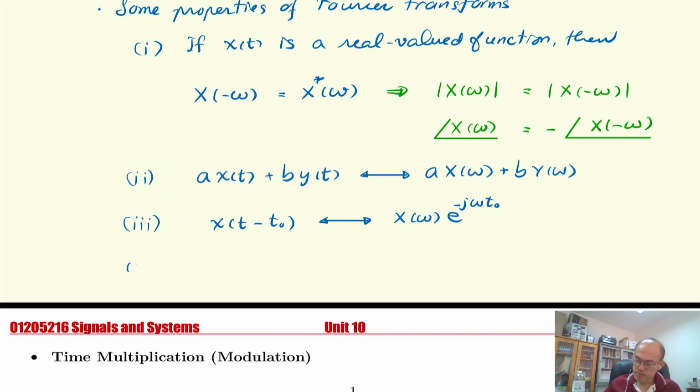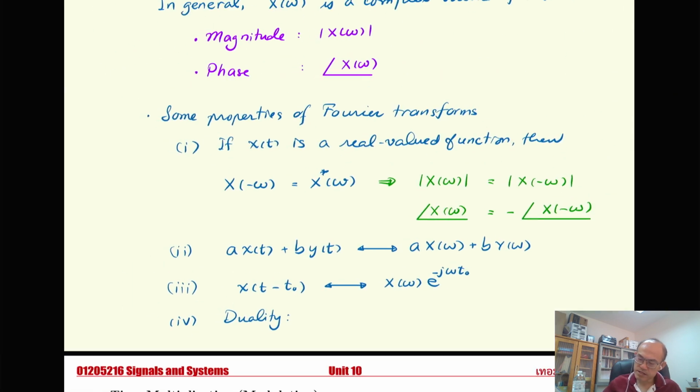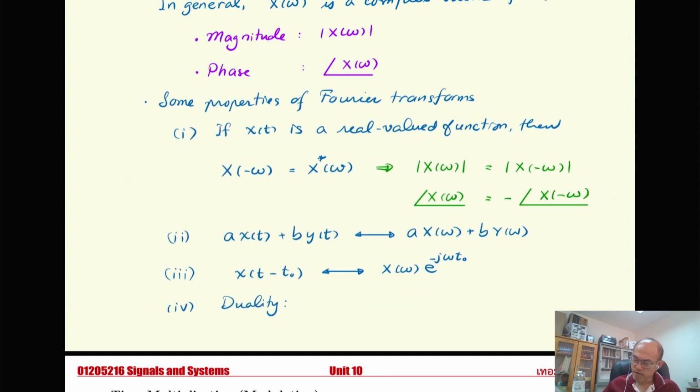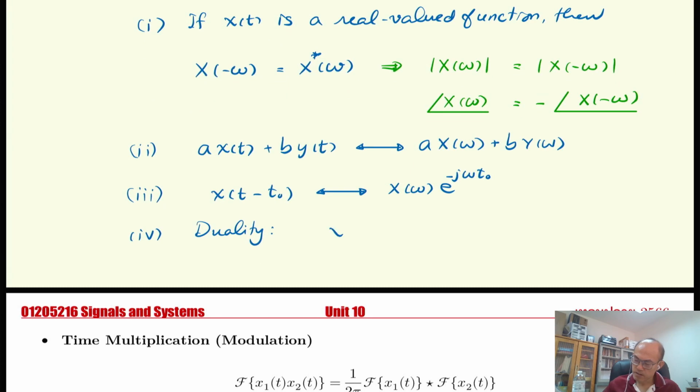The fourth property is the duality. The duality states that if x of t has the Fourier transform pair X of omega, then capital X of t will have the Fourier transform of 2 pi little x of minus omega.